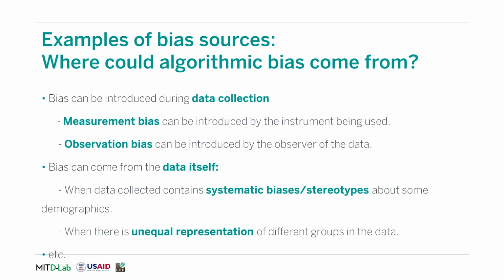So, what are some potential sources of algorithmic bias? First, bias can come during data collection, and this could happen when the data that we collect already contains some systematic biases or stereotypes about some demographics. This could also happen if different demographics in our dataset are not equally represented. The second example of how bias could come into machine learning is in the training process, when our models are not penalized for being biased.